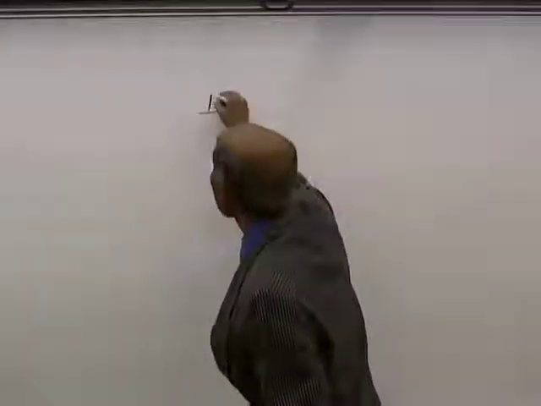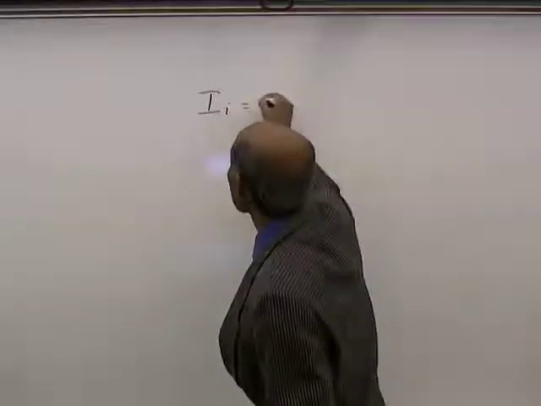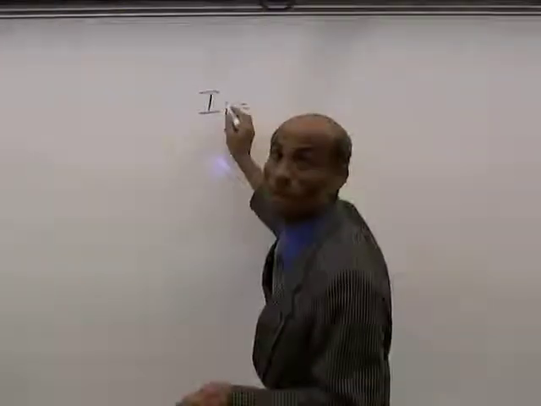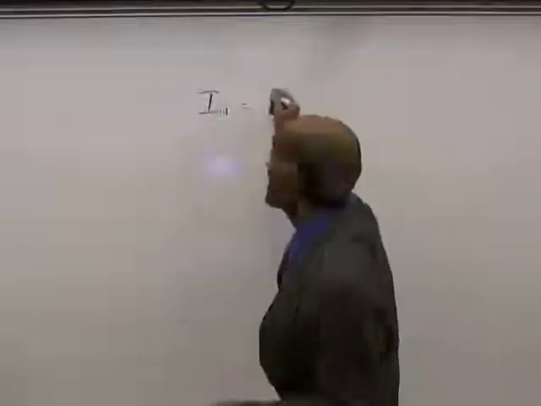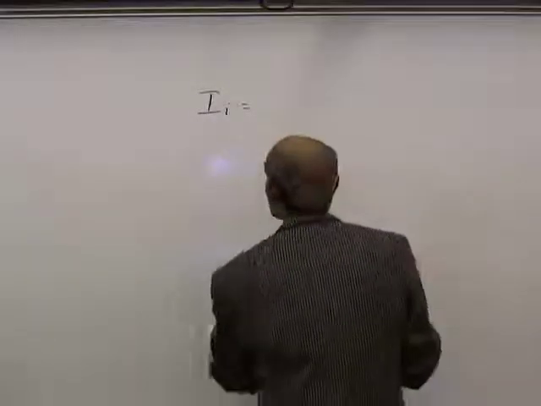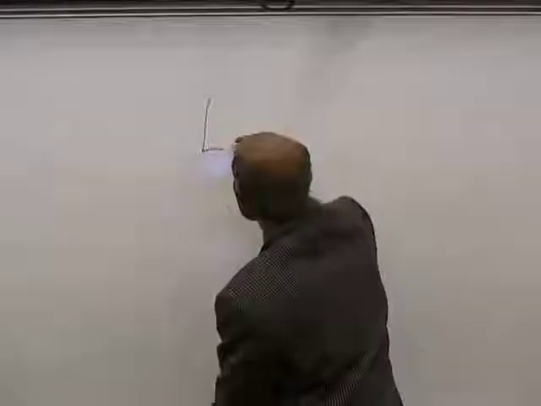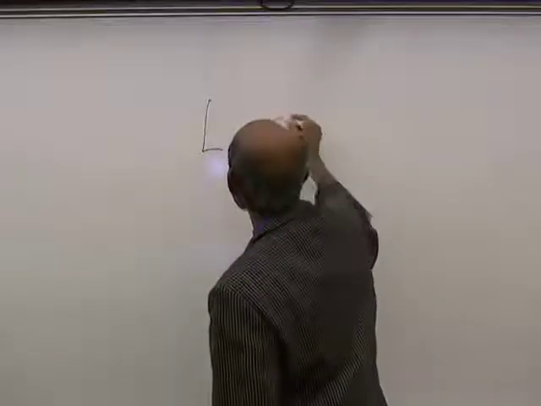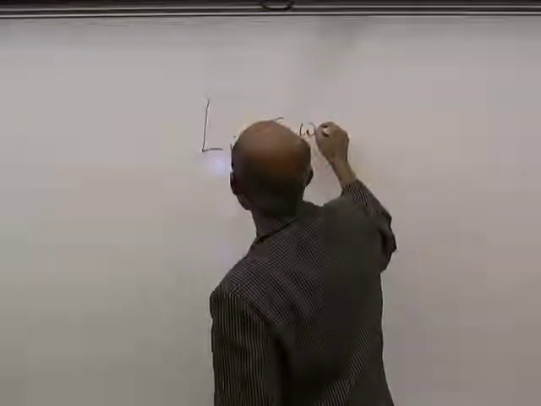So if I start spinning with my arms like this, I have an angular momentum. What will be my angular momentum? I'm going to call it angular momentum L initial equal to I1 omega 1.